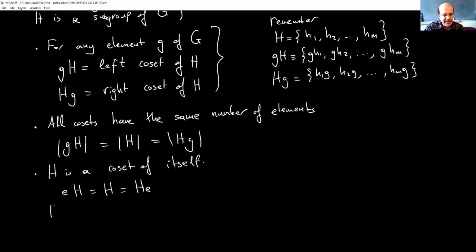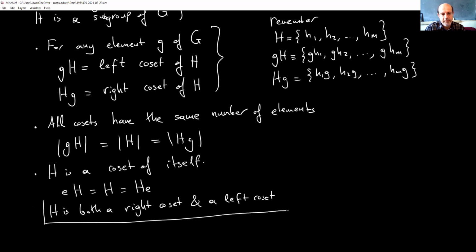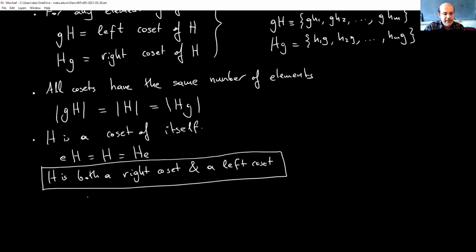So let me actually say it like this. H is both a right coset and a left coset. All right, so that's one of the first things.